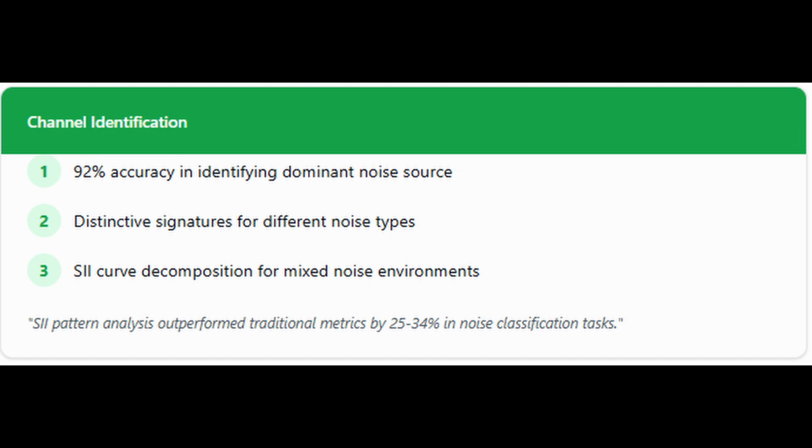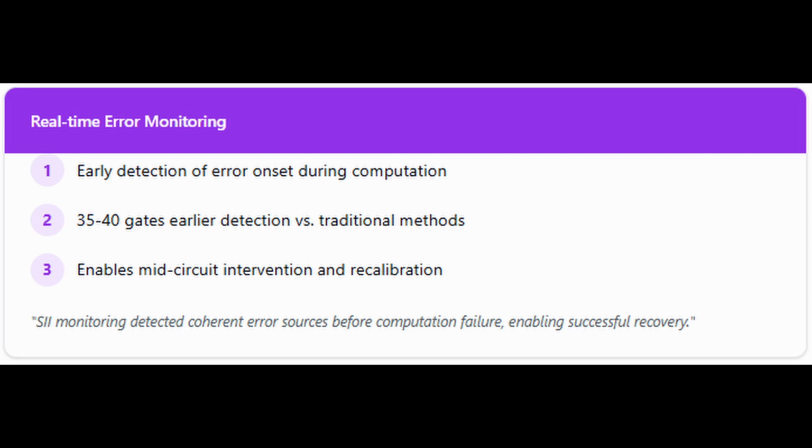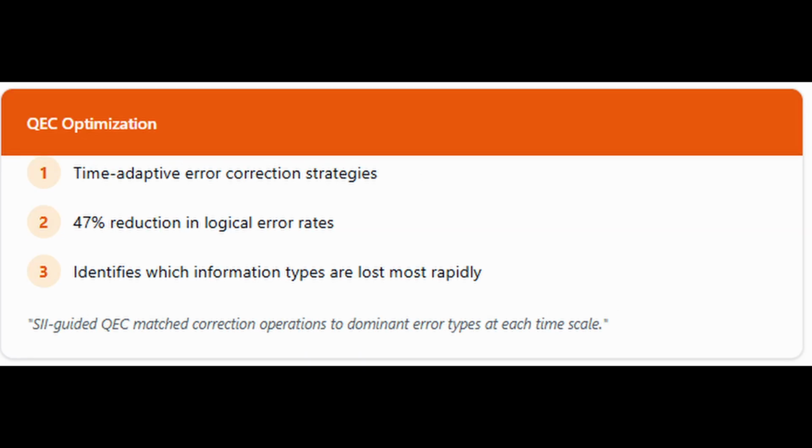It is. And there's another advantage that I find really fascinating. SII offers 5 to 8% higher precision in measuring how well quantum states are maintained throughout a computation, how well they stay coherent. But here's the really exciting part. They've developed this thing called the Quantum Information Coherence Index, or QICI. SII allows us to quantify quantum coherence with 15% higher resolution using this new index.